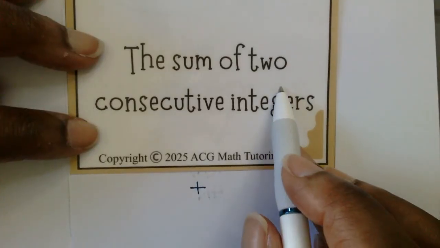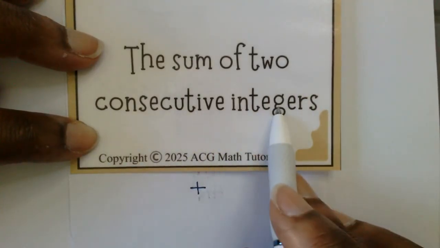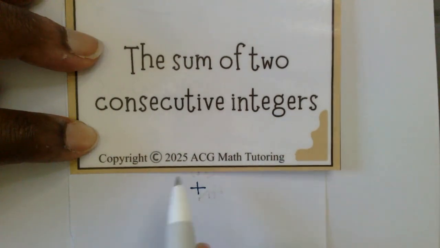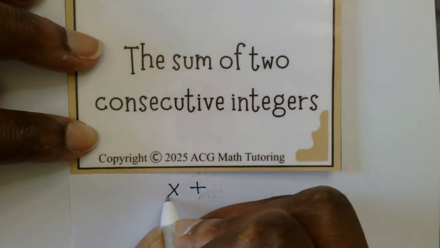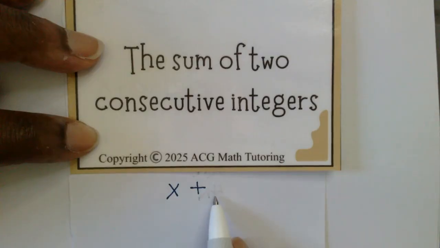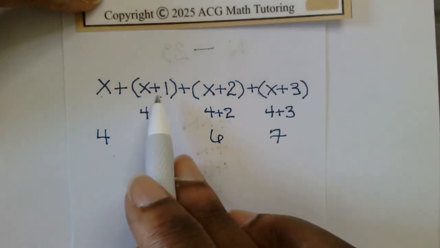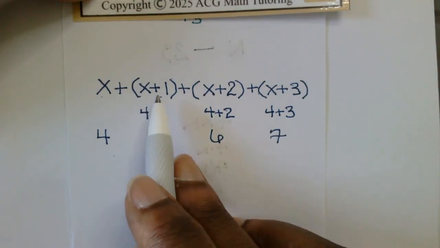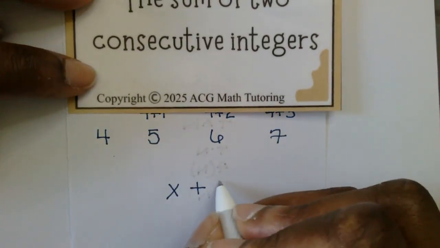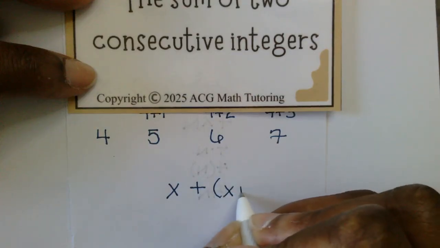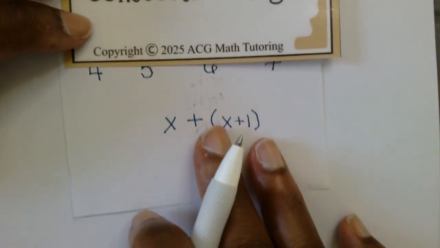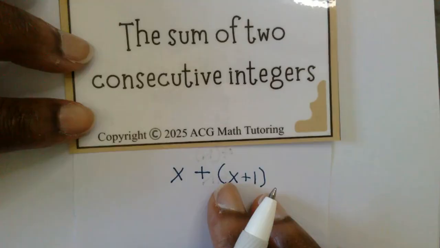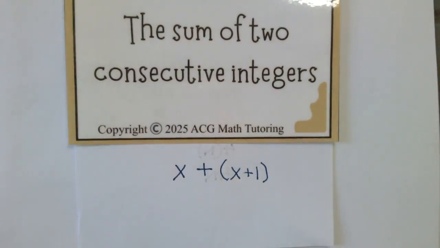I want to know the sum of two consecutive integers. The first integer we don't know; that will be our x. But like we said, in order to find the second term, we have to add 1. So the second number will be x plus 1.